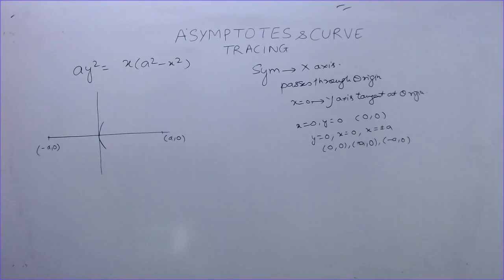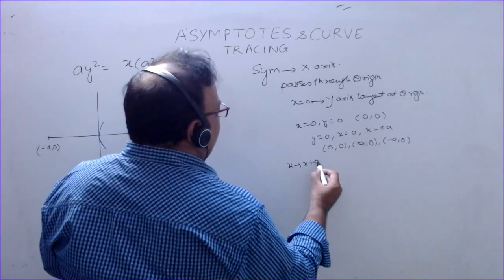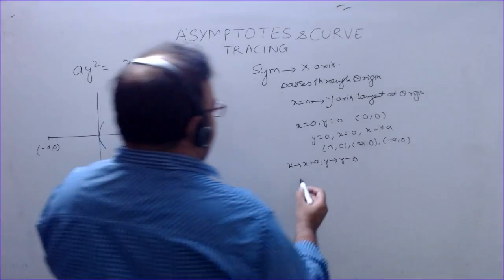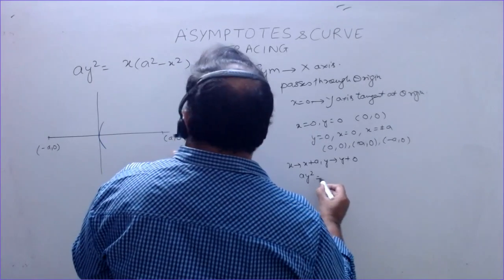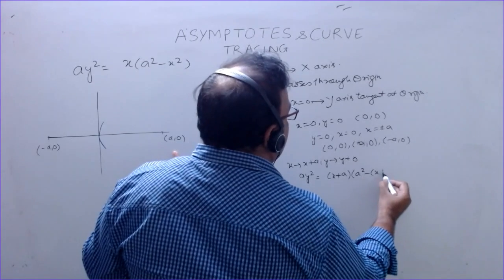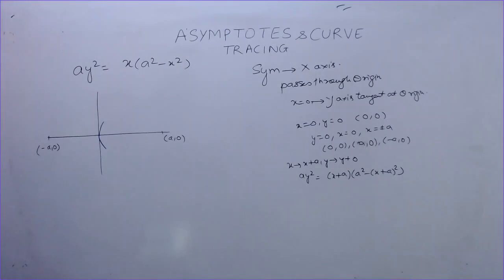For this, shift the origin. For this point, shift x to x plus a and y to y plus 0. So the equation becomes a y square equal to (x plus a) into (a square minus (x plus a) whole square). Put x equal to x plus a, and if you solve this equation, you will find the equation of the tangent, and then put the lowest degree term equal to 0.